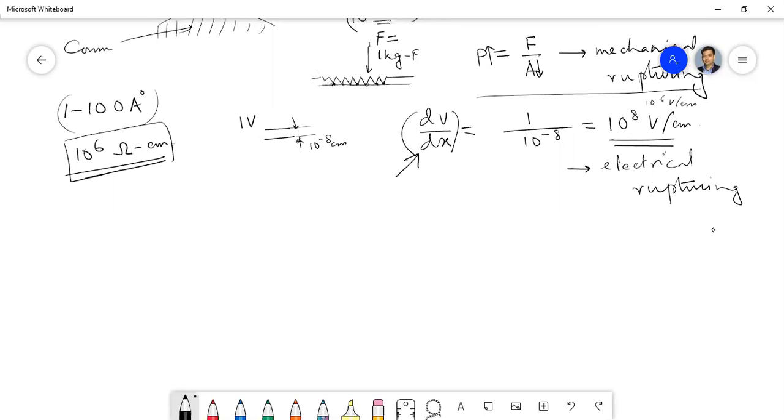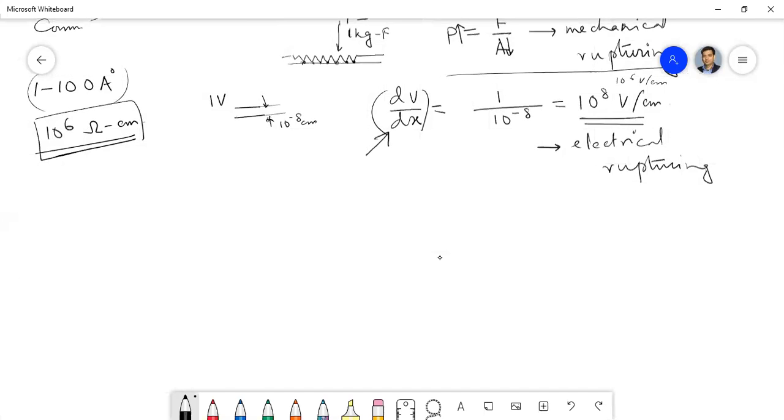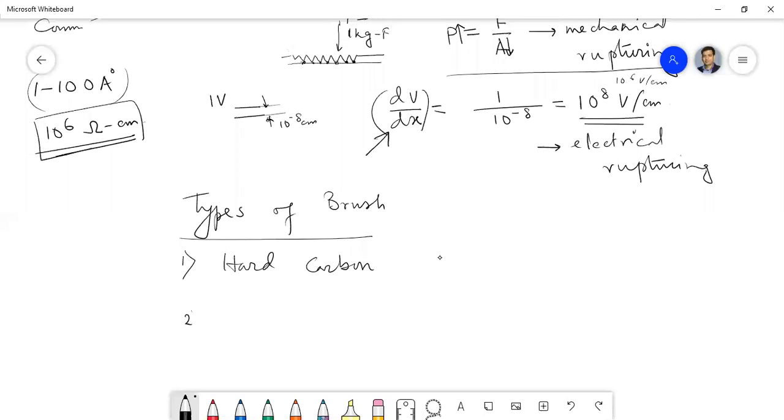Types of brush. I will mention only a few types of brush which are used for DC machines. Number one is the hard carbon brush. Number two is electrographite, the most popular one.